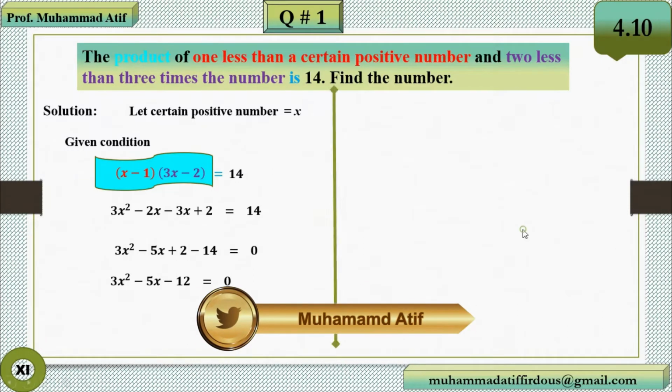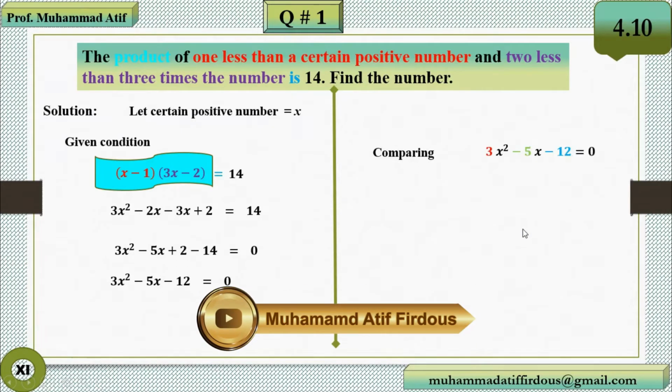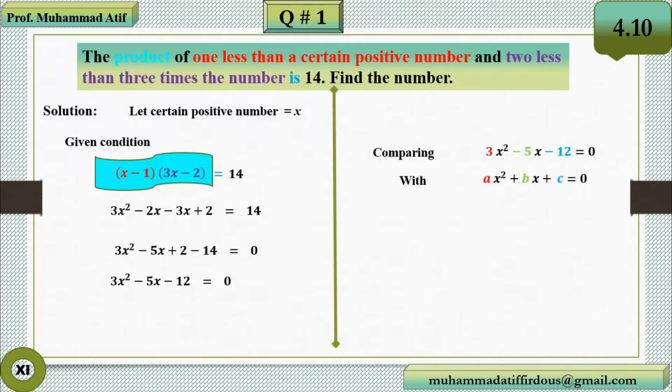Now you can factor this, or you can use the quadratic formula. I am going to use the quadratic formula here. So just compare this equation with ax square plus bx plus c. After comparing, the coefficient of x square is 3, so a is equal to 3. b is the coefficient of x, and here the coefficient of x is minus 5, so b is equal to minus 5.